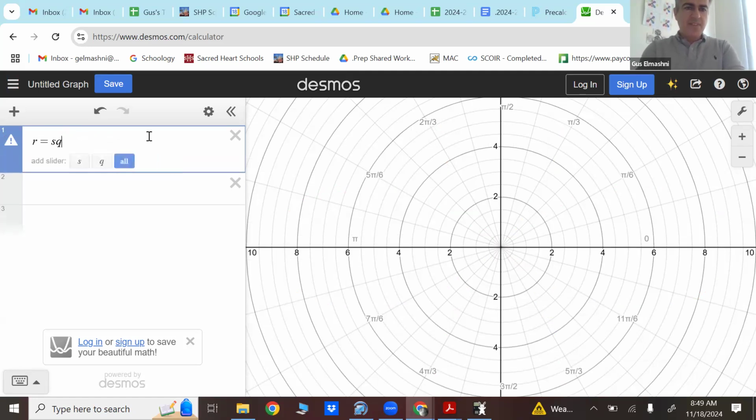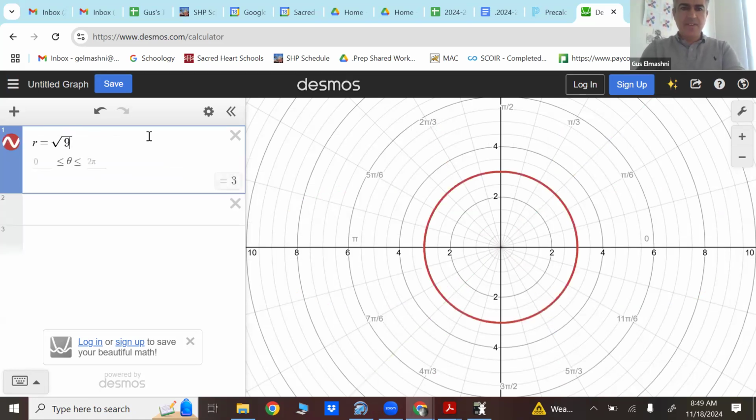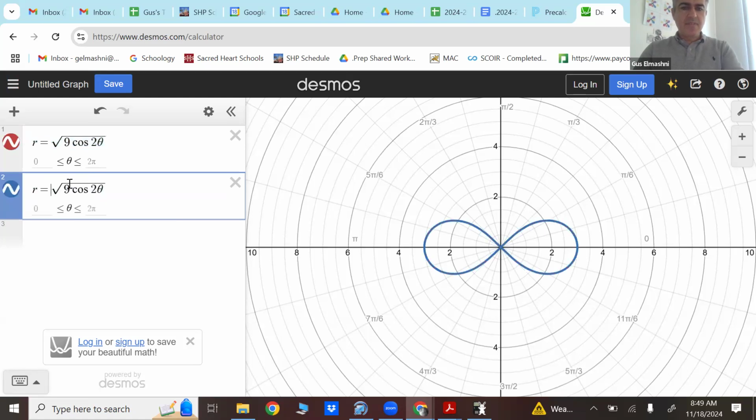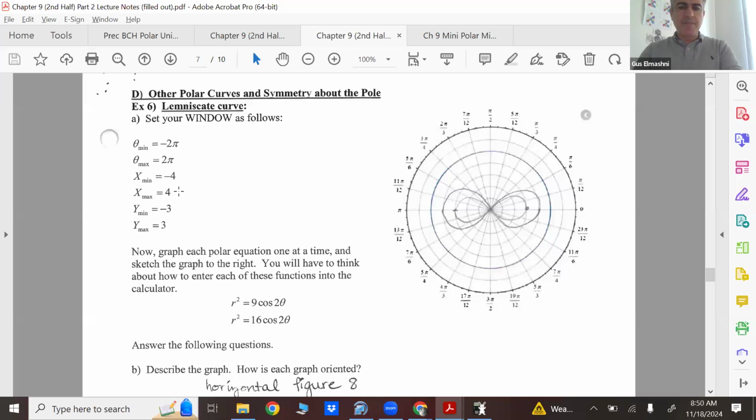He doesn't like that either. Ah, there we go. 9 goes to theta. I don't think it really matters. Looks like it doesn't matter where you do plus or minus. So anyhow, you get that. And now let's investigate that graph a bit more.